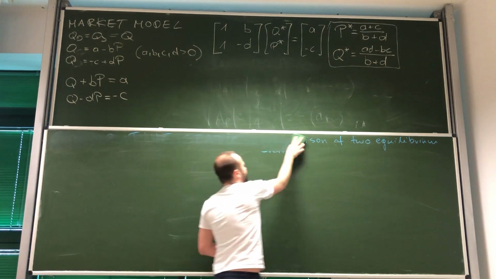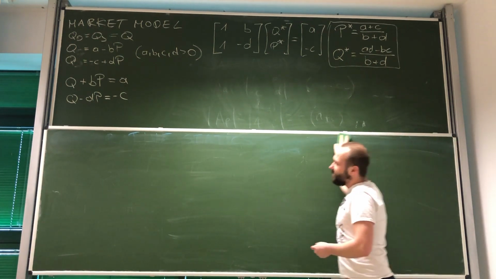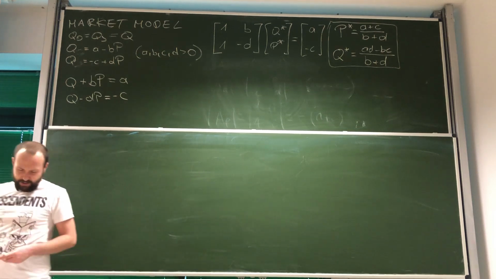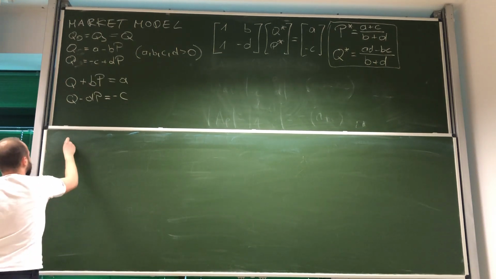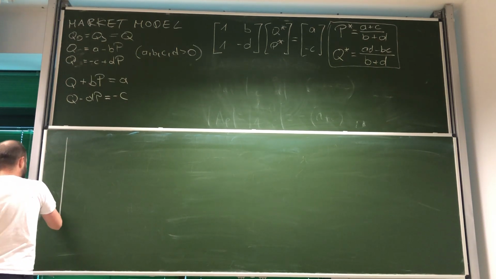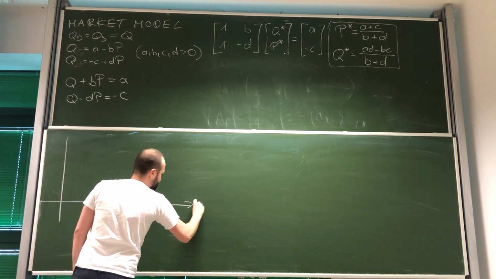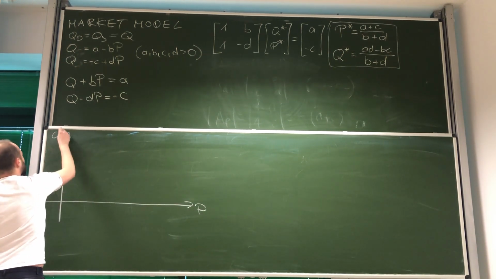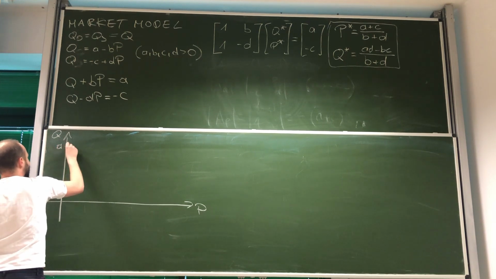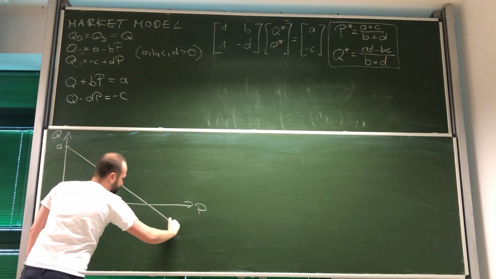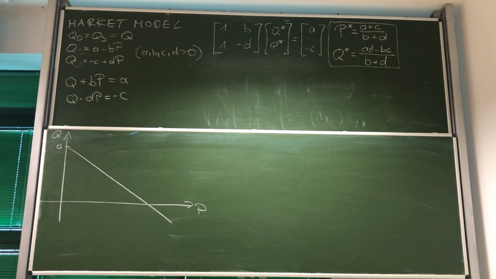Okay, so look, we are starting just by drawing the equilibrium. Remember, we put P over here, Q over here. We start at a, and then we move downwards.